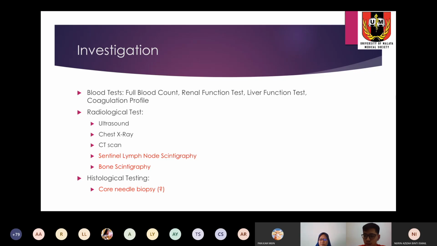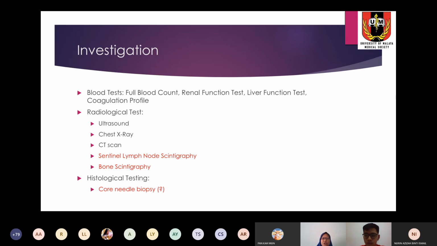So Chunying asks, is sentinel lymph node biopsy considered part of the triplet assessment? Sentinel lymph node biopsy is not part of the triplet assessment. It's a form of treatment.